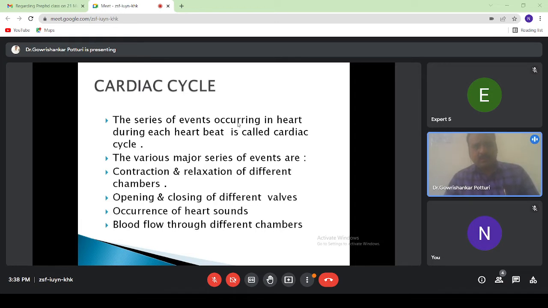There will be contraction and relaxation of different chambers. There will be opening and closing of different valves. Because of the closing of the valves, there will be occurrence of the heart sounds and blood flow through the different chambers. So these are the events that majorly occur in the cardiac cycle.